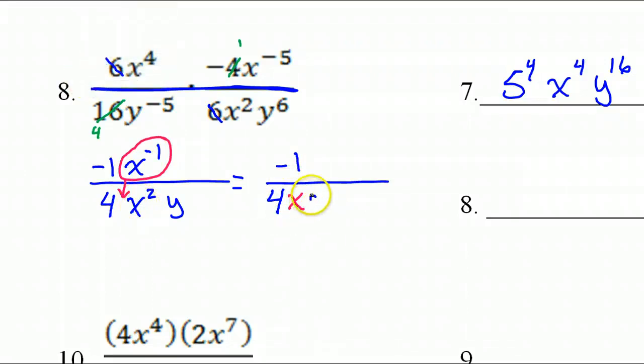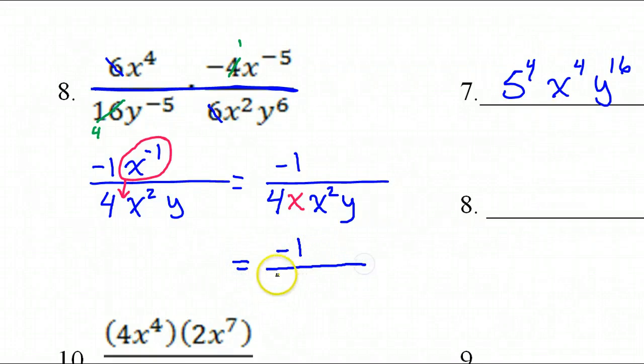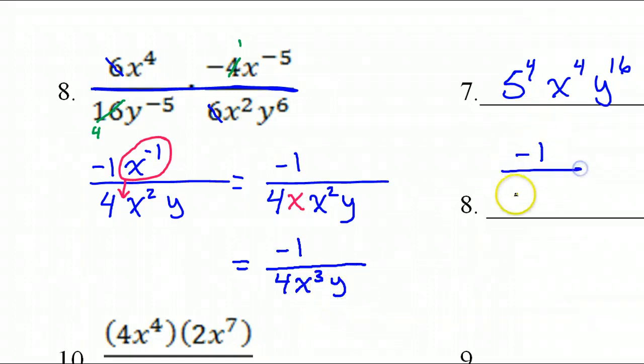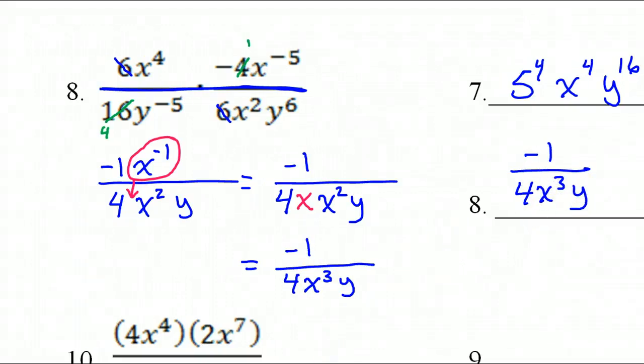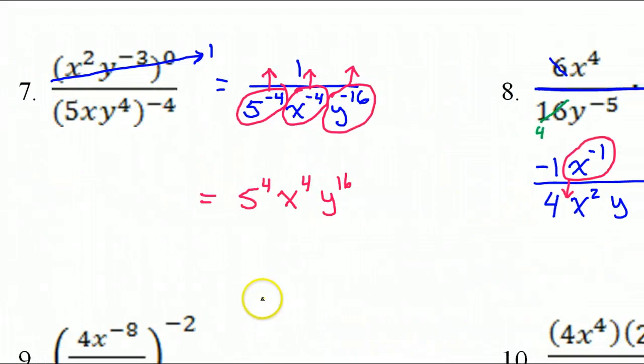And now here comes the x squared that was already there, and the y. So my final answer would be -1 over 4x to the third power y. Alright, that's number 8. Okay, number 9.